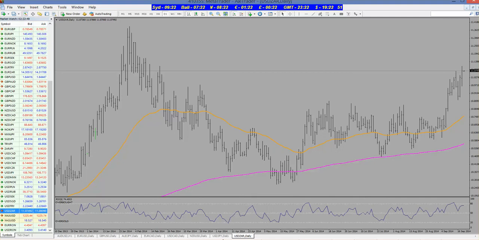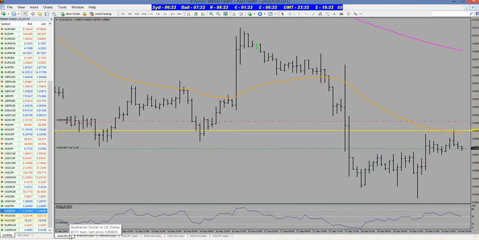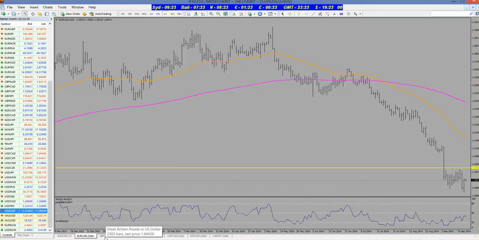Okay. That's pretty much all I'm looking at the moment. I've got this 1 hour going. The euro dollar I see is, we do have divergence here, and there is potential for it to have a bit of a pullback, and it's likely to have a pullback because it's just been overdone so much.